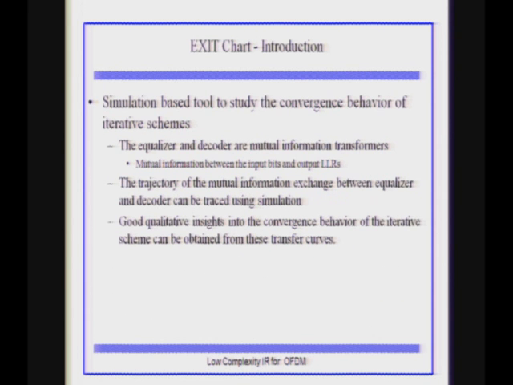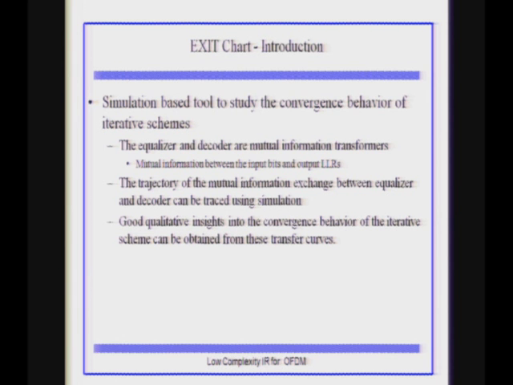We haven't seen much in the way of analytical techniques for iterative schemes, and this is for the EXIT chart based approach, which was introduced by Stephan ten Brink, one of the popular techniques for convergence analysis.